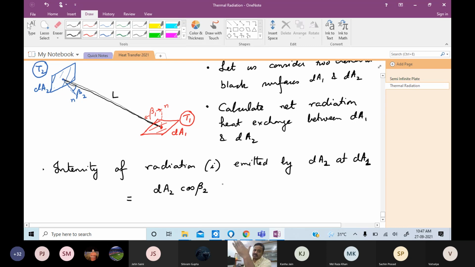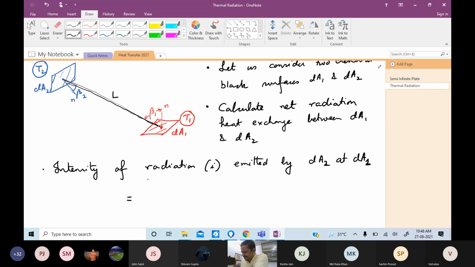Because this is the projected area of A2, which is normal to L, the line of length L. Okay, no, sorry, I'll come to this later. Let me take it step by step again.